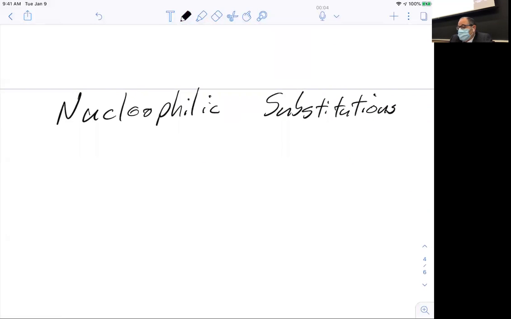So in nucleophilic substitutions, what we're doing is taking a nucleophile, and generically we're going to substitute that nucleophile for a leaving group.